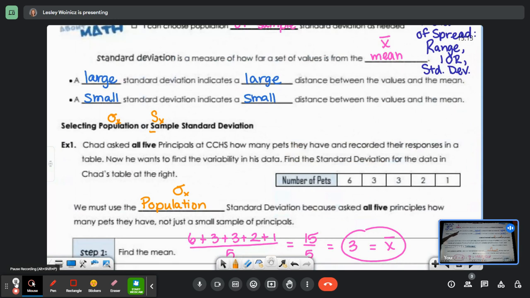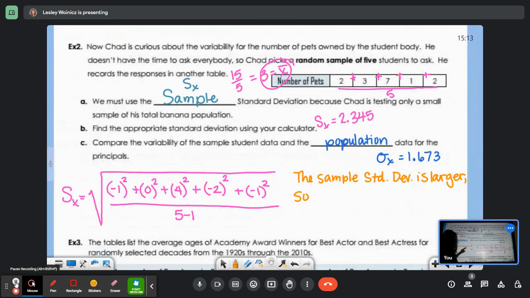Yeah, we have a greater distance between the values and the mean, so our data is more spread out. So data is farther from x bar, or more spread out.